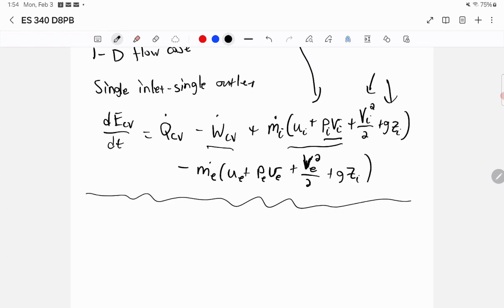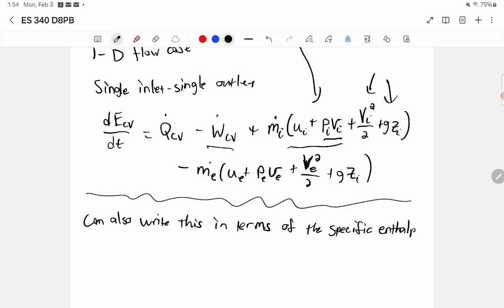So you have to be careful that you're accounting for the proper units. But in any case, we can also write this in terms of the specific enthalpy. And usually this is convenient.